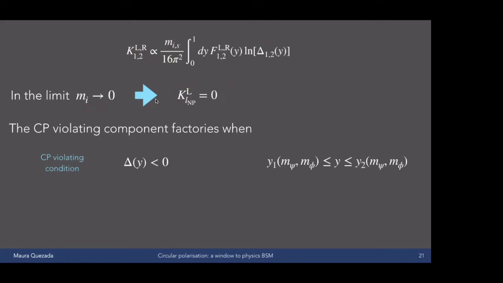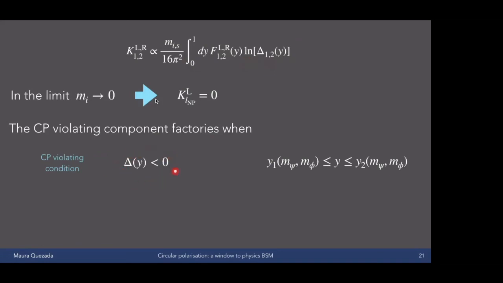Now, to take out the imaginary part of this object here, what we require is that the argument of this log function has to be negative. In these cases, we will obtain this imaginary part. So this is what we call the CP violating condition in our work.